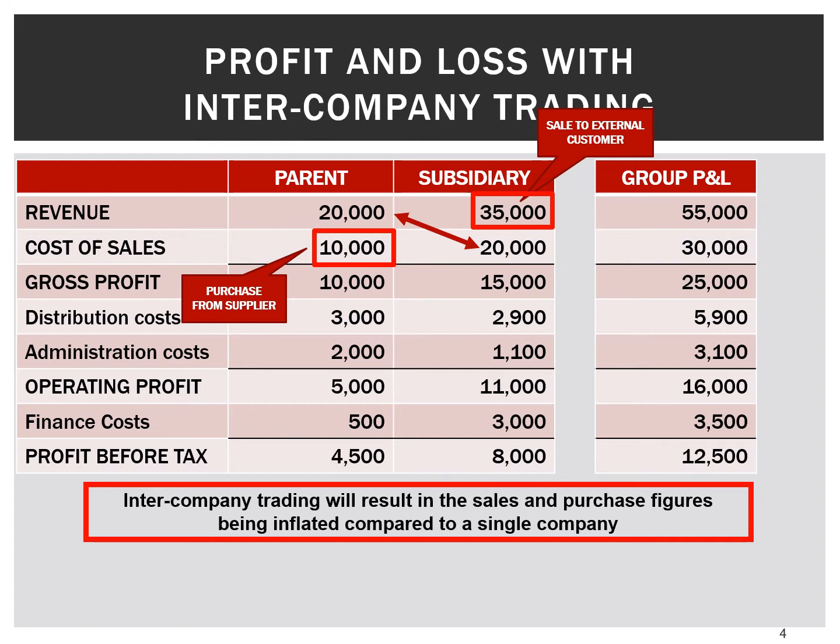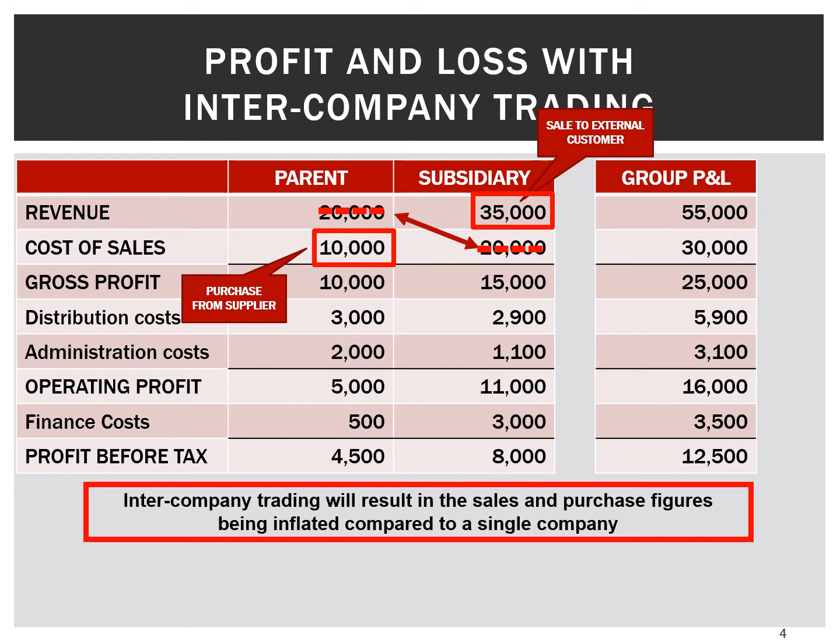So what we need to do to prepare the group profit and loss account is to eliminate that intercompany transaction. So we get rid of £20,000 from revenue, and we also get rid of the £20,000 purchase from cost of sales.